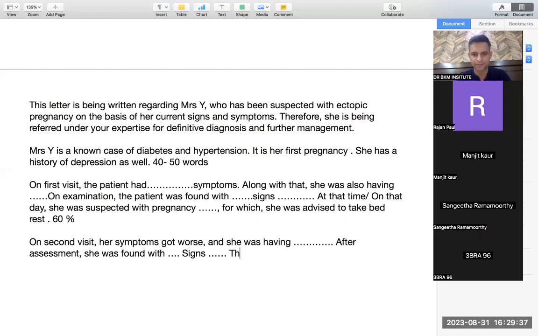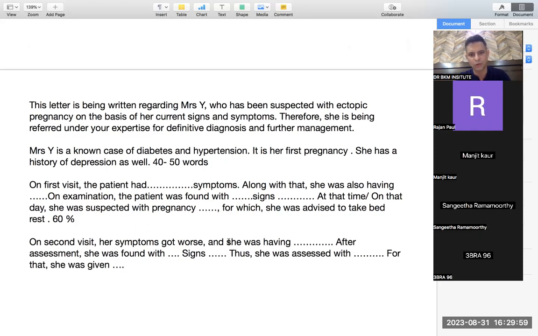Thus, just a change of connector over there, where I said at that time. Thus, she was assessed with whatever assessment has been given on that day, full stop. Then you say for that she was given whatever treatment you gave.